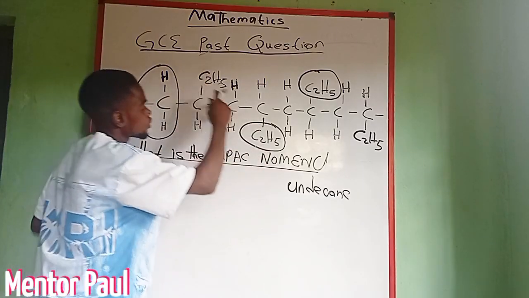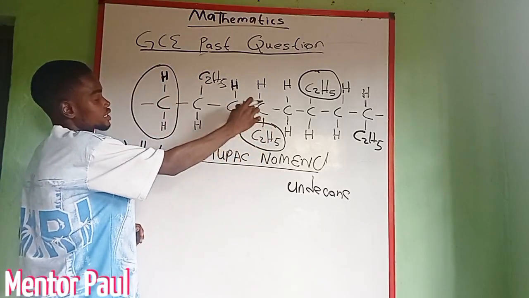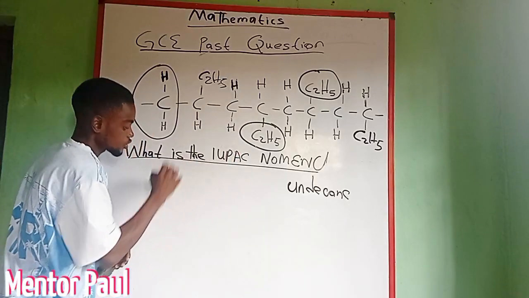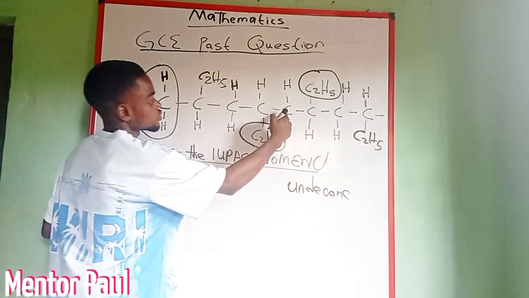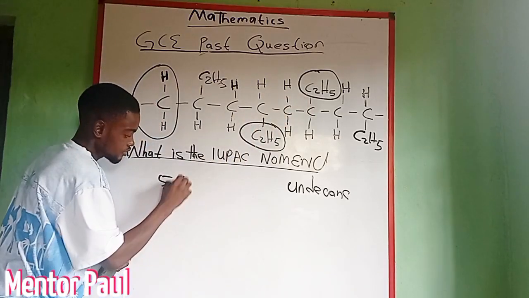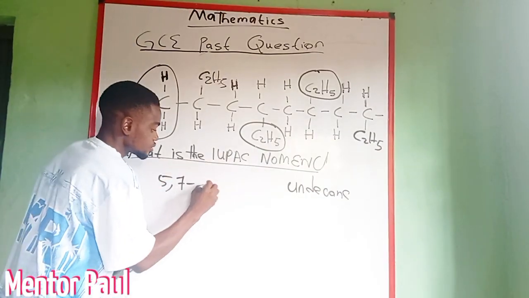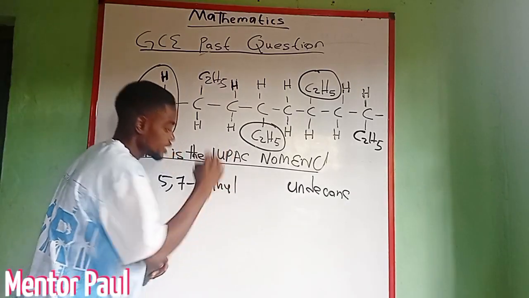Because I'm following this forward locant, here is carbon 5: 1, 2, 3, 4, 5. I have that on carbon 5, comma, also on carbon 7, dash. I'm going to find an ethyl.